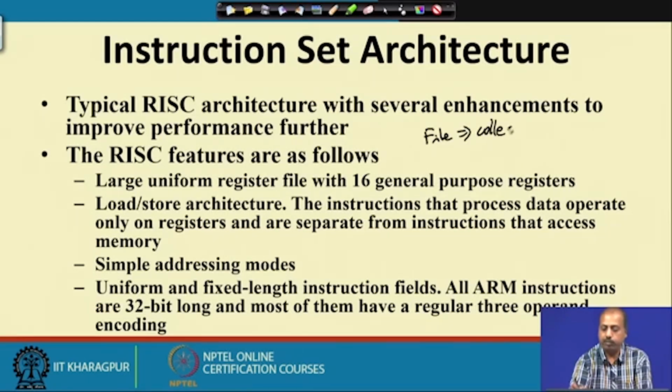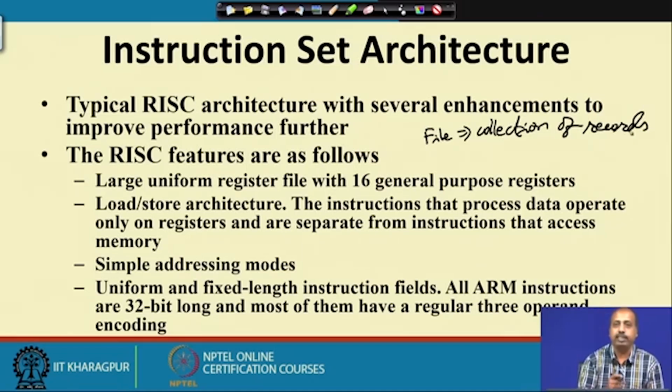If you look into any data structure book, it is a collection of records. In processors the same thing happens: each register can be considered a record, and we have a collection of such registers, so they are often called a register file. This is a standard terminology in computer architecture.